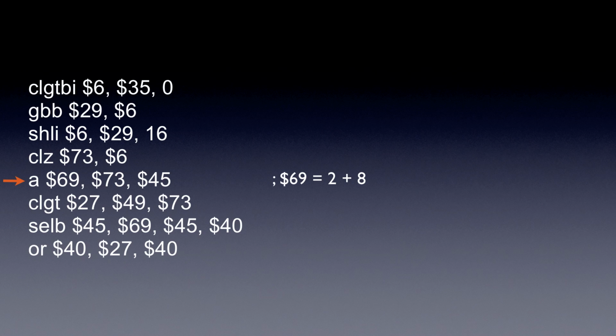Now we're going to store that in a temporary register because we don't want to overwrite the real count, the previous count. Okay. Now we're going to take 4 and compare it greater than to the count in this iteration.